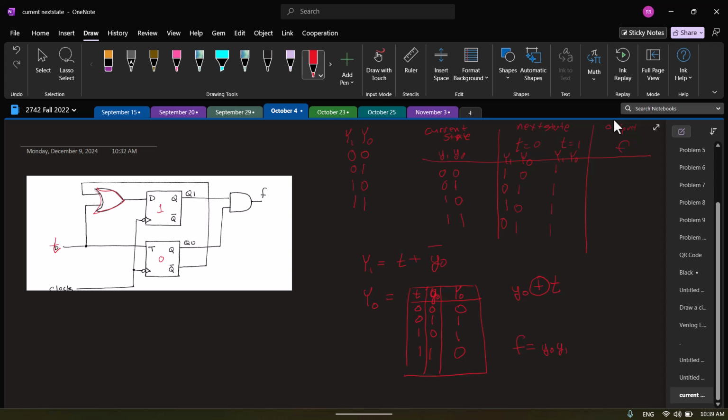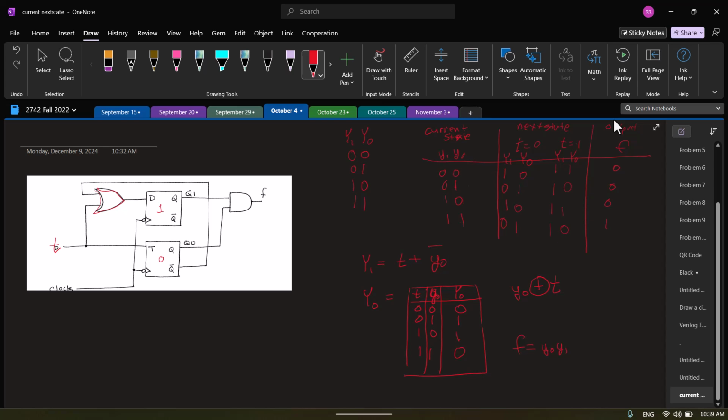Only one of them can be 1. Now f is the AND of y1 and y0. So it'd be 0, 0, 0, 1.